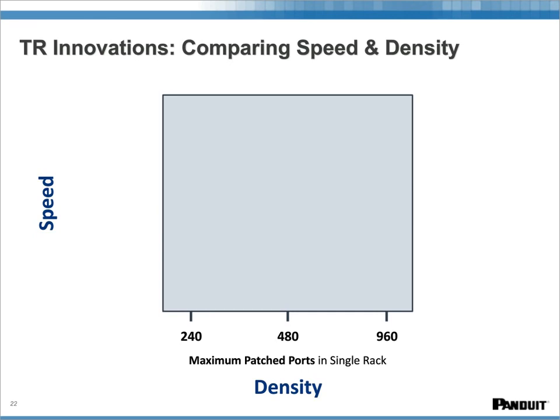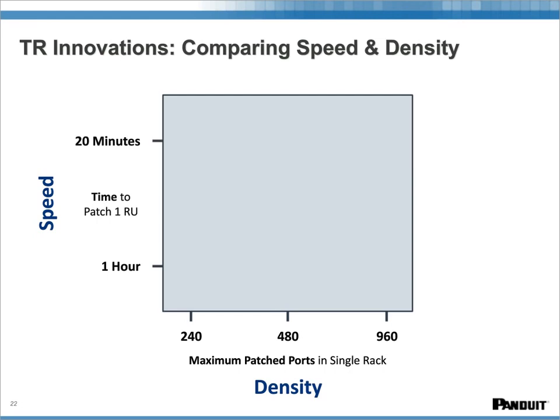And by patched port capacity, what we mean here is the combination of the switch ports that are resident in that rack, patched up to the corresponding point where the patch cord or equipment cord plugs into the panel. For speed, we're going to focus on the speed of patching.